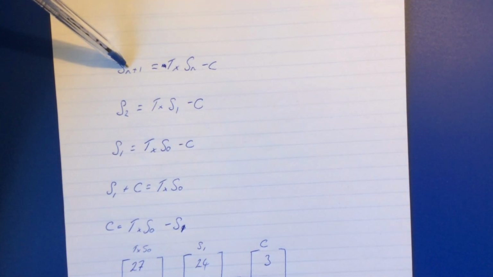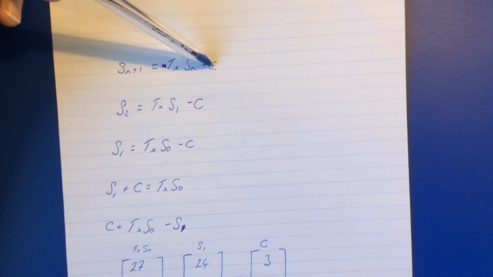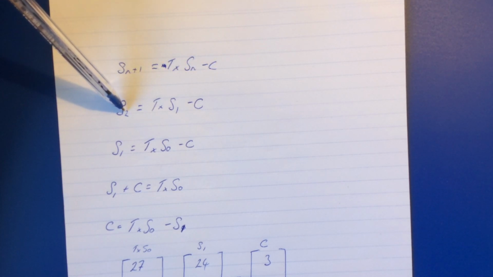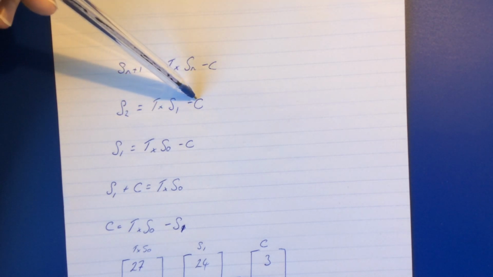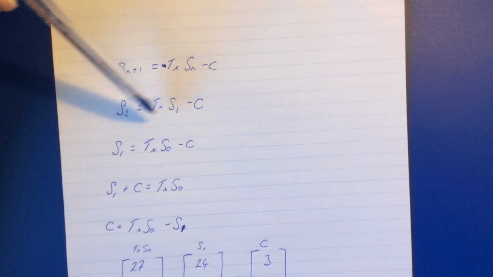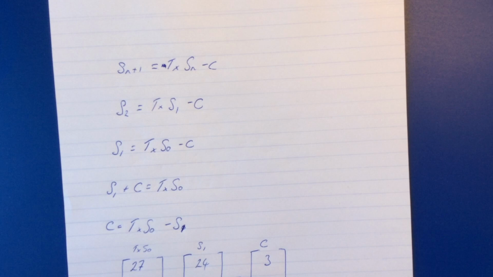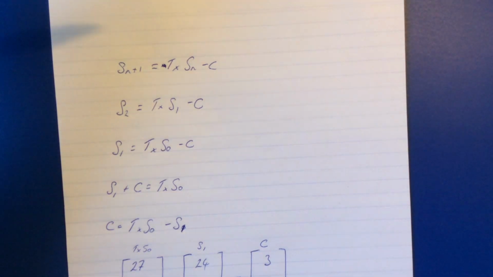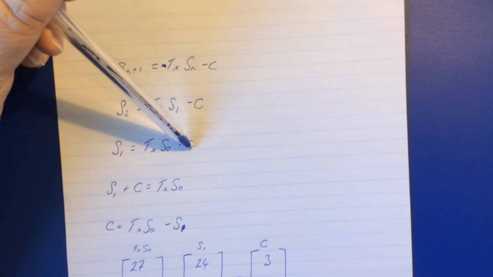What we know is that S(n+1) is equal to T times S(n) minus C. And therefore S2, which we're looking for, should be equal to T times S1 minus C. And S1, which we know, which is this matrix here, is equal to T times S0 minus C.